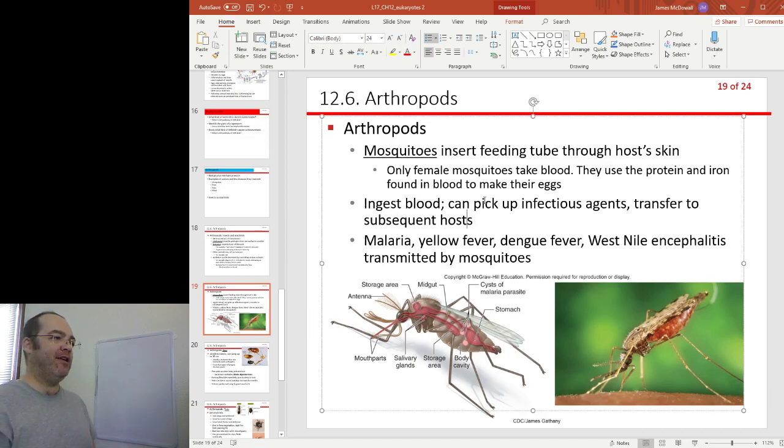And for many of these diseases, the parasite completes some kind of change, some kind of life cycle step occurs inside the mosquito. So yellow fever, dengue fever, West Nile encephalitis, malaria, all transmitted by mosquitoes.